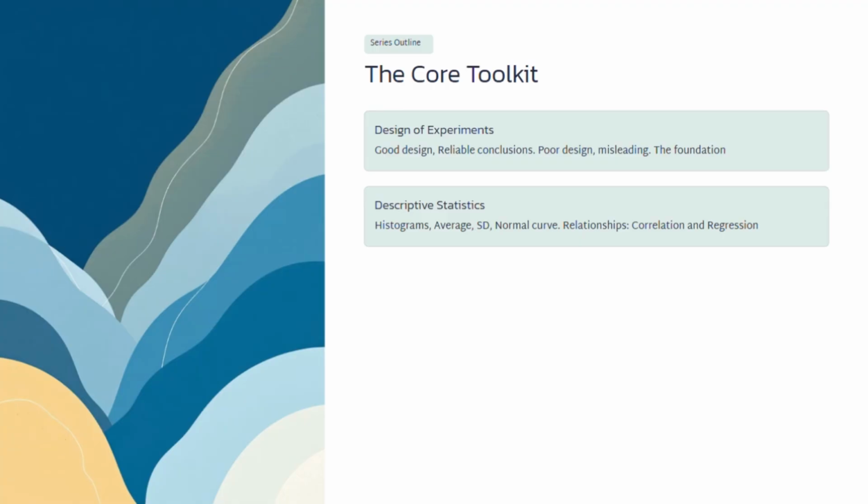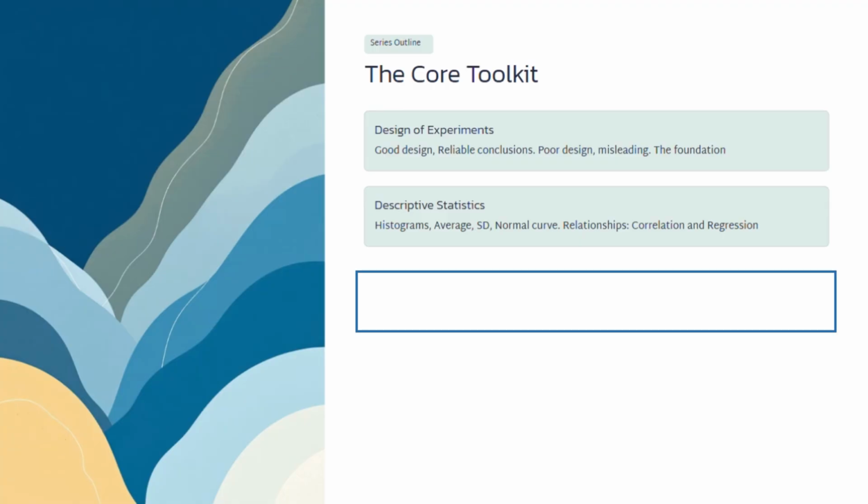Then we will cover descriptive statistics. Any study, experiment, or trial produces so many numbers. So we need some summaries about these numbers so we can make sense of this large amount of data that we collected from our studies. That is what we call descriptive statistics.